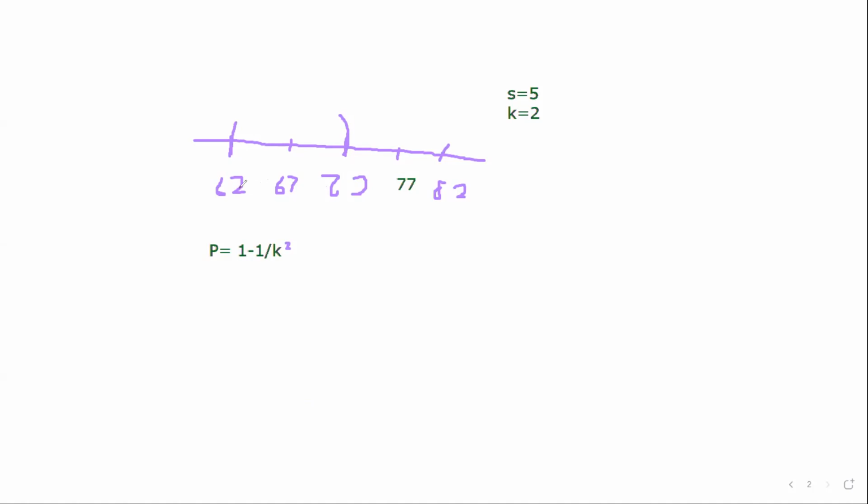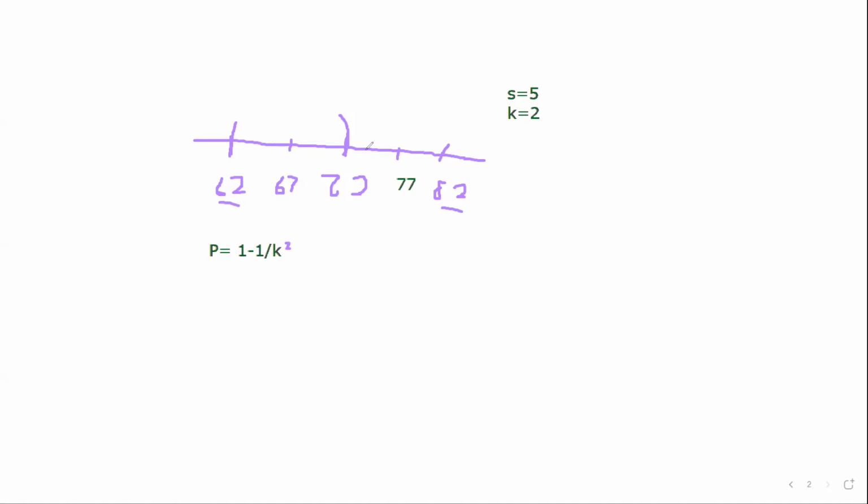But we're looking at 62 to 82, aren't we? So if we're looking at 62 to 82, how many intervals of the standard deviation would we be looking at?